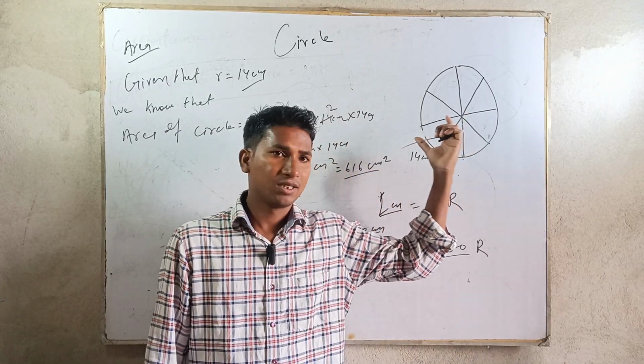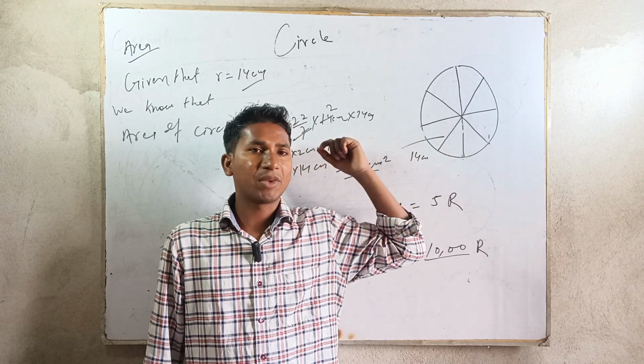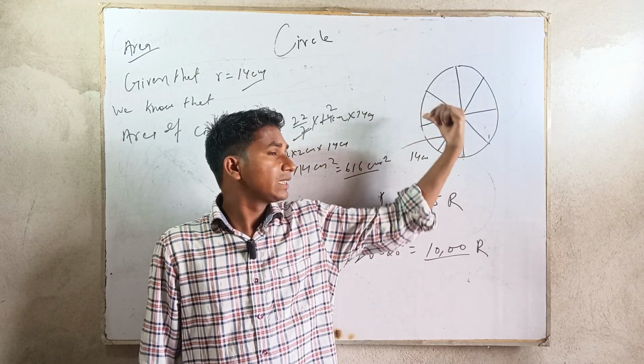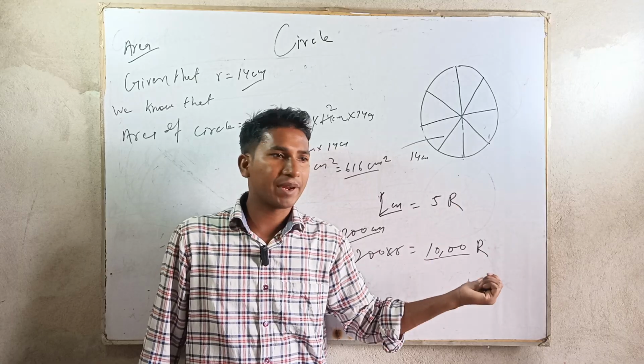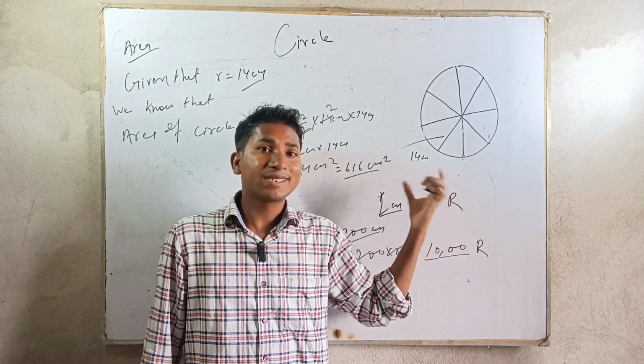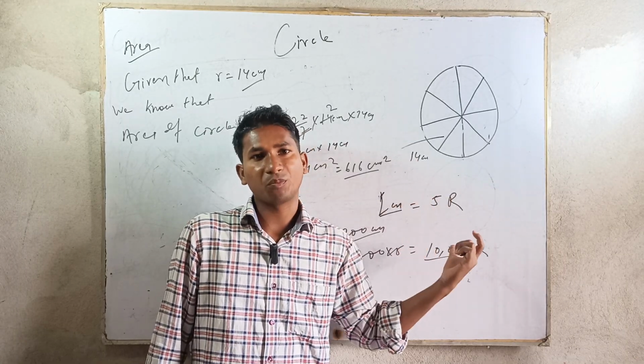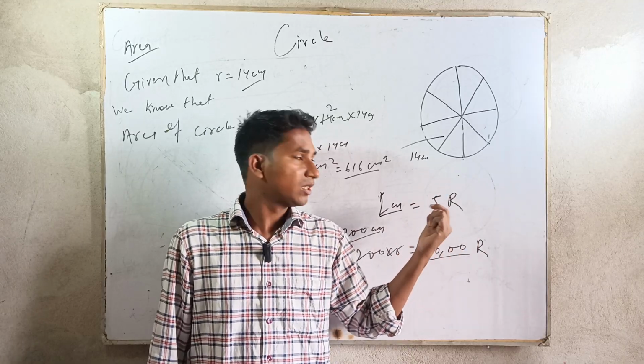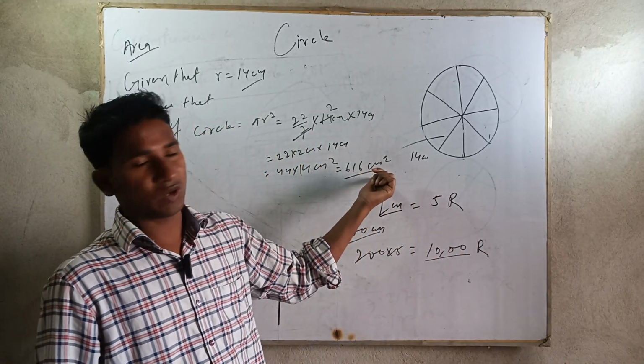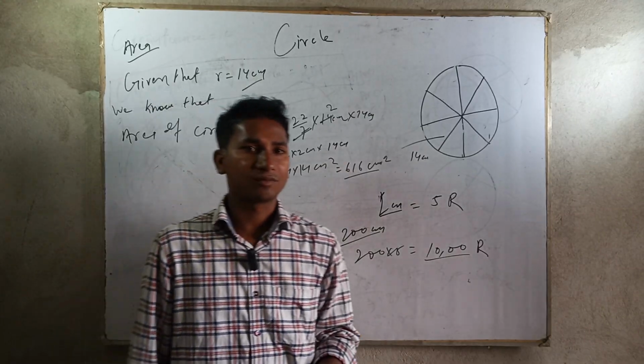The same thing is here. If someone says there is a requirement to paint this circle, and the cost for 1 centimeter square is 5 rupees, then how much money will you spend? If I have this much area, then the same thing I will multiply.